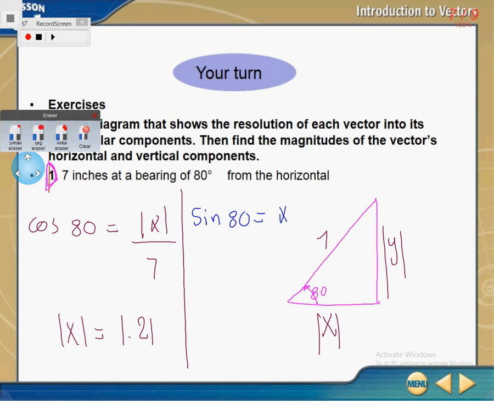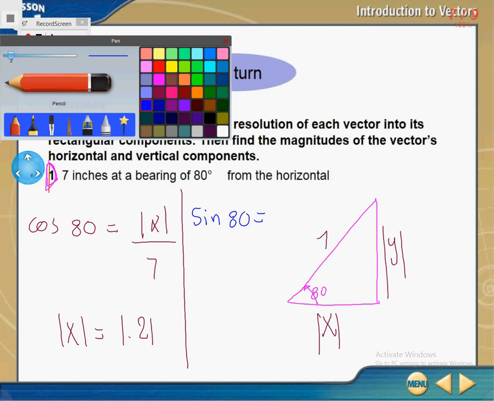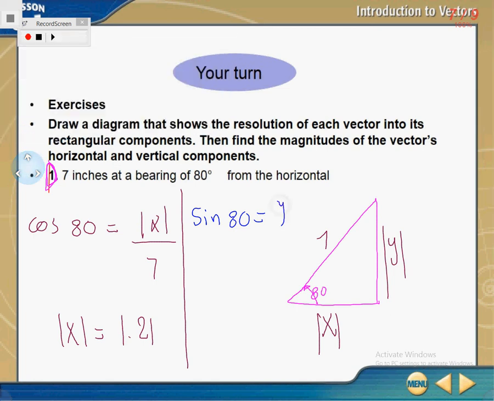Be careful. The magnitude of y over 7, and the answer will be 6.89.